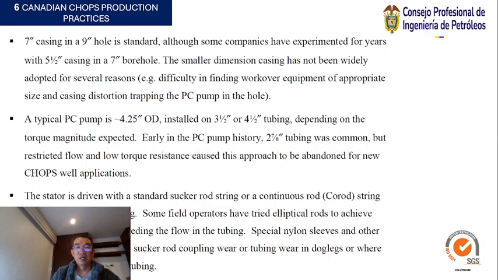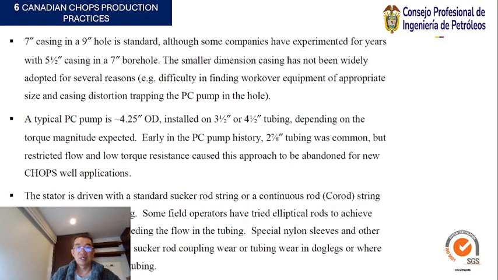magnitude expected. Early in the PC pump history, 2 7/8-inch tubing was common, but restricted flow and low torque resistance caused this approach to be abandoned for new chop well applications.